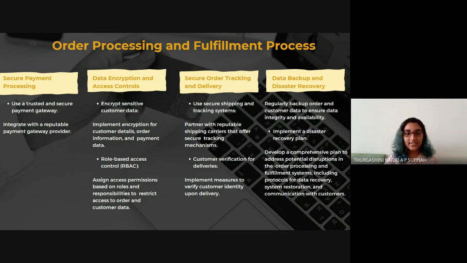The second is role-based access control. As I said, we need to assign certain roles to log in to our system, for example, for personal details. For secure ordering, tracking, and delivery, we have to use a secure shipping and tracking system.